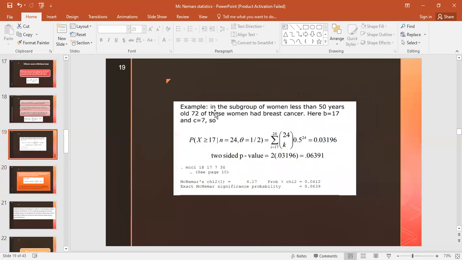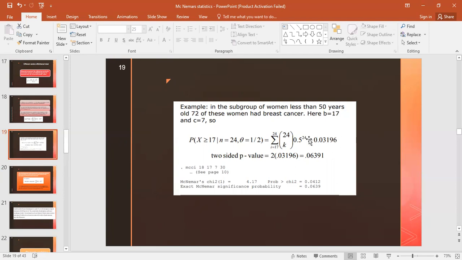This is the formula of the exact p-value. How do we calculate it? For example, in the subgroup of women less than 50 years old, 72 of these women had breast cancer. Here our B is 17 and C is 7. So we put the values in the formula. N is 24, which is 17 plus 7, and theta is 1 divided by 2. Summing the binomial terms from 17 to 24 with 0.5 raised to the power 24, the answer is 0.03196.